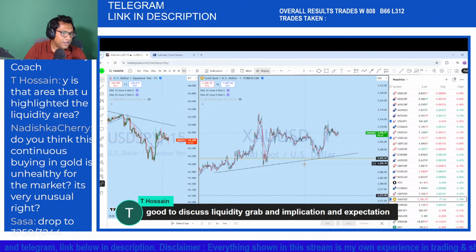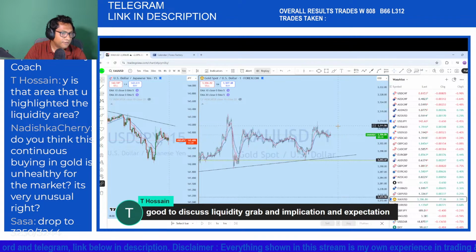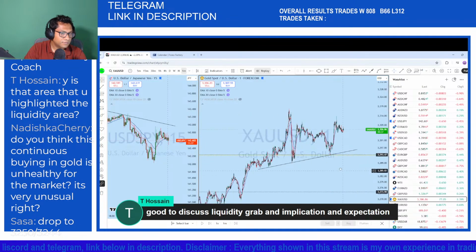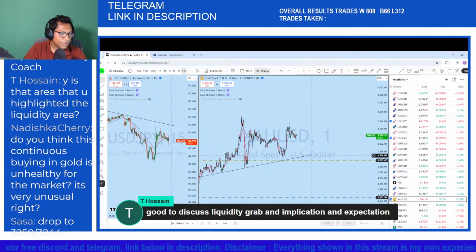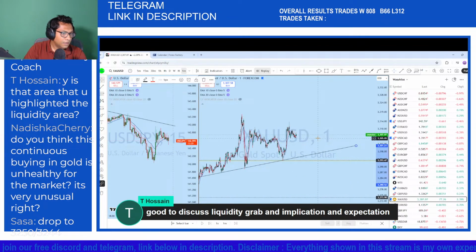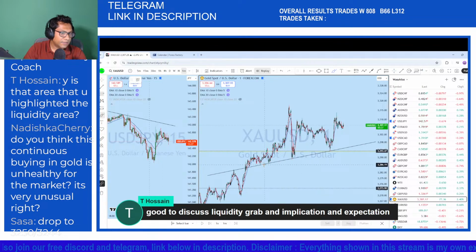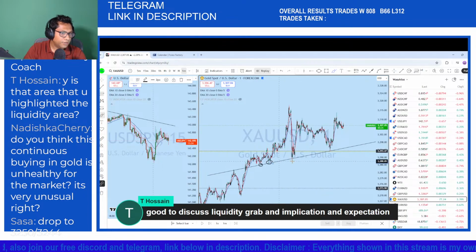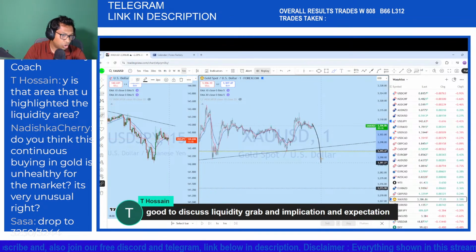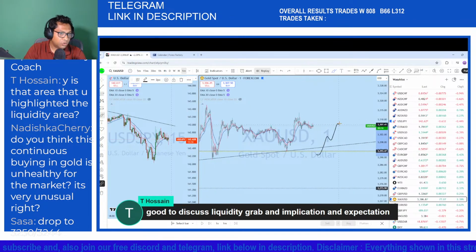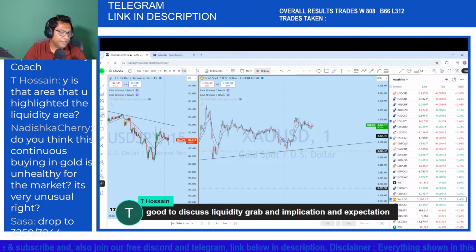So here is an important support level. We can see this is a support here, support here, support here, support here, an important level of support, and we're expecting the market to potentially drop and then revert back up again.